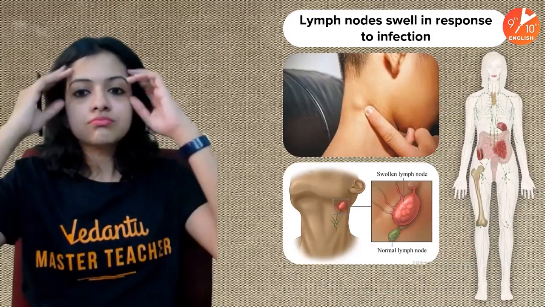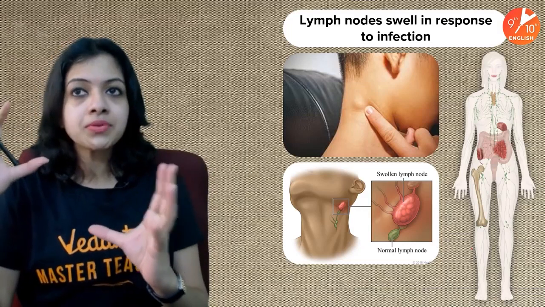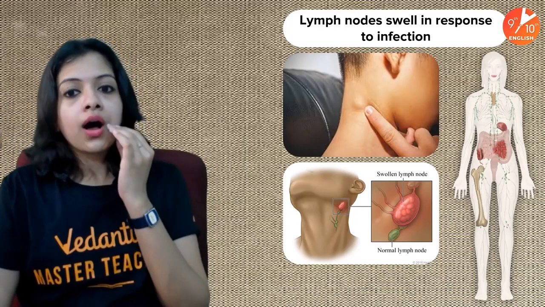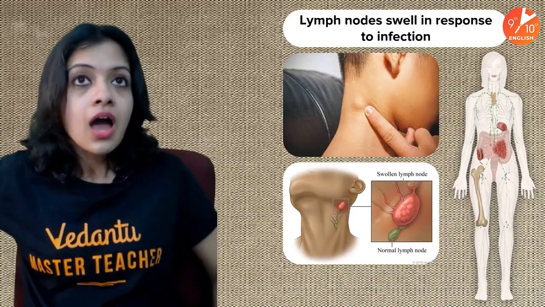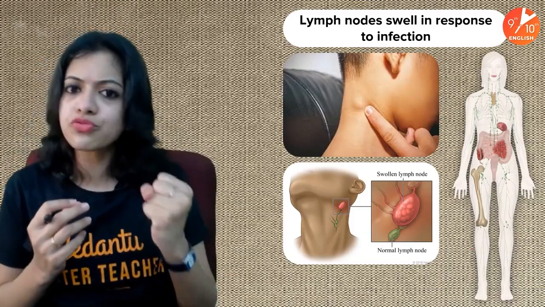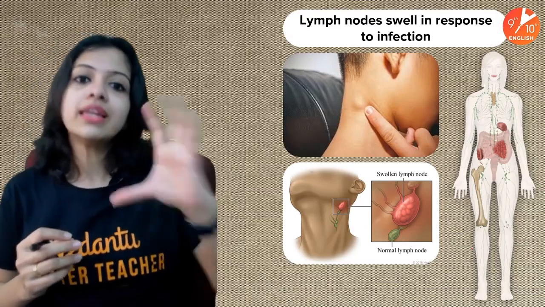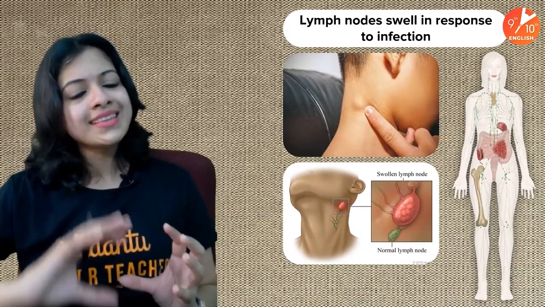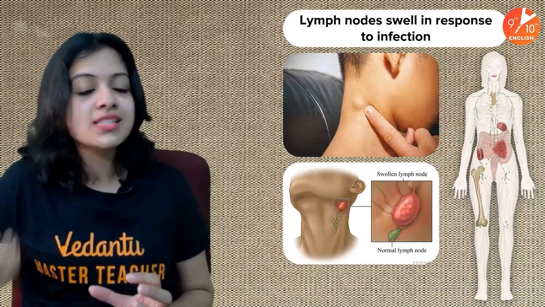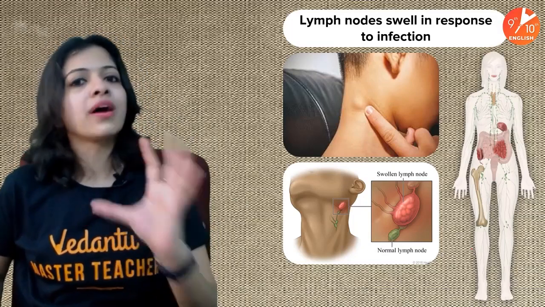Now, lymph nodes. I told you there are hundreds of lymph nodes. There are said to be around 600 plus lymph nodes in the human body. One important thing to note is that all of the lymphatic vessels, I told you lymphatic capillaries join to form lymph vessels, would always go through a lymph node, which means before the lymph is joining back into your heart and the rest of the circulation, it definitely passes through at least one or a few lymph nodes.